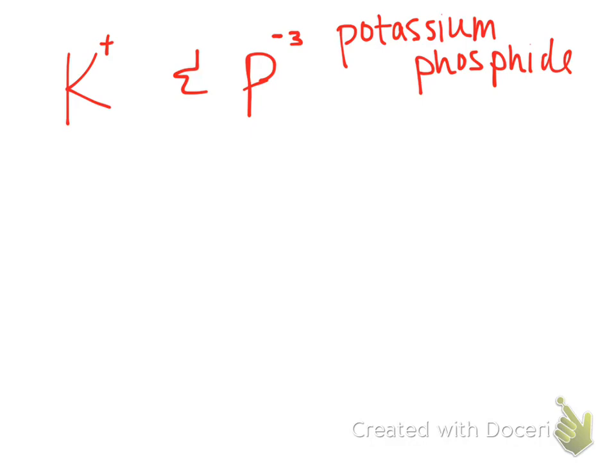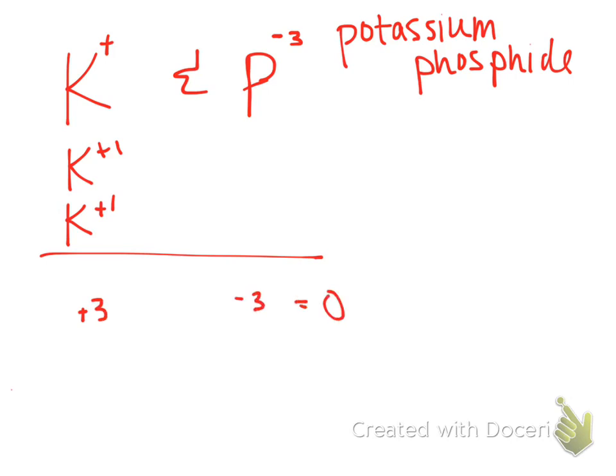Which one do we need to adjust to get ourselves to a neutral charge? We need to adjust the potassium. We need to add 2 more. Now if I balance my charges, I'm at +3 and -3, so that gives me a 0 charge. That's good.